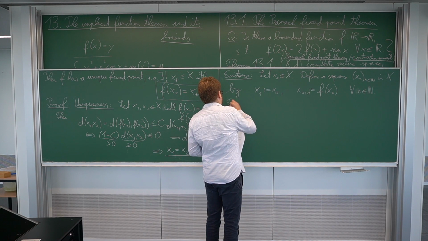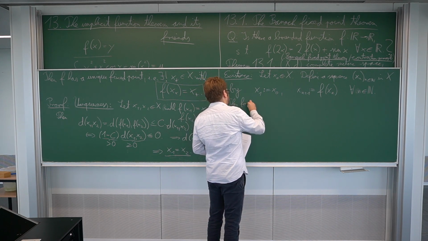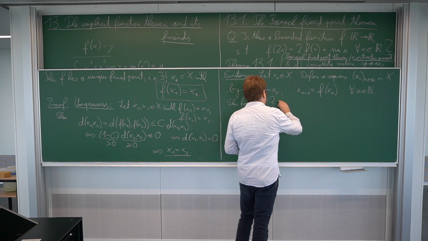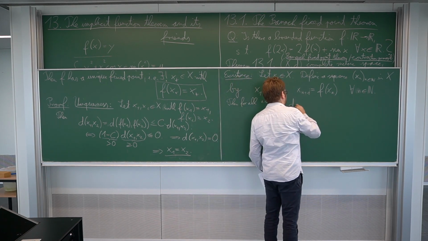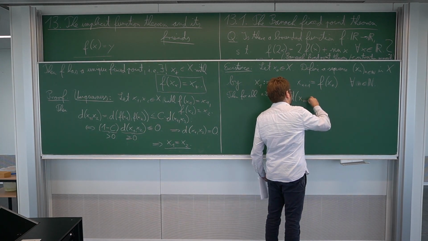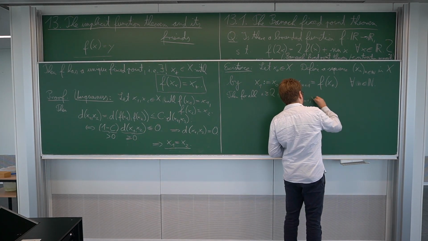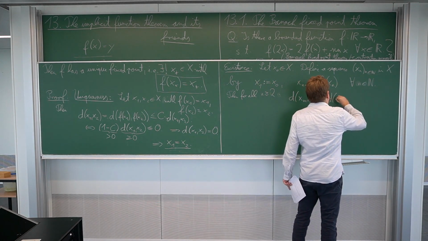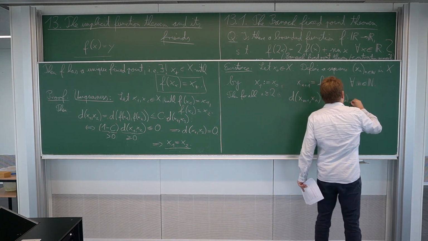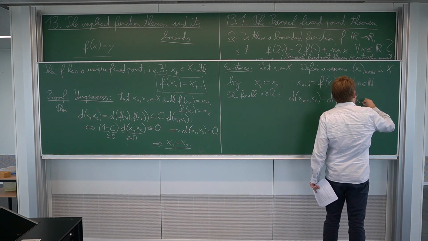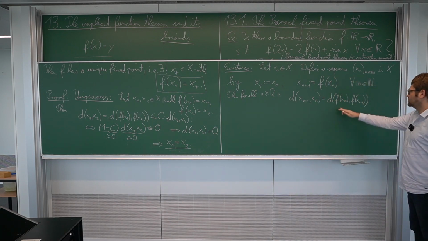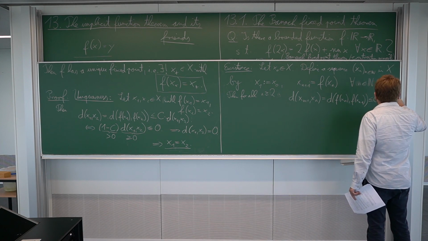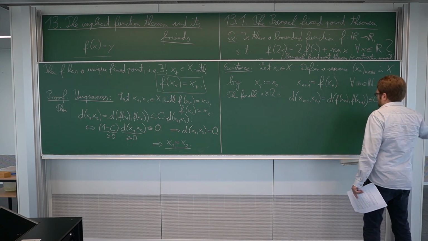Now, for all n bigger than or equal to 2, we compute the following. If we take the distance of the (n+1)th term of the sequence and the nth term of the sequence, this is by definition d of f of x_n, f of x_{n-1}, but now we use the contraction definition, and this is smaller than or equal to c times d of x_n, x_{n-1}.